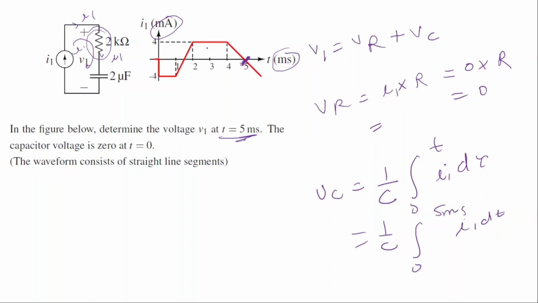Now let's see how we need to calculate this whole area. As we can see, this area is the same as this area, because this point is 4 and this point is minus 4. This is symmetrical, so this area will be cancelled.